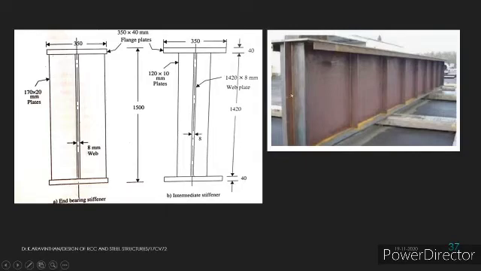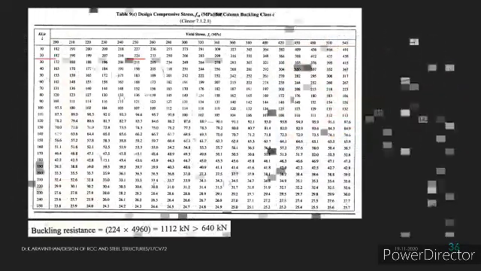The end bearing stiffeners are provided at the end, where the shear is nearly 800 at the support. Right now we are designing the intermediate stiffeners. This intermediate stiffener starts 2 meter apart from the support. So that is why we are finding the shear at 2 meter.